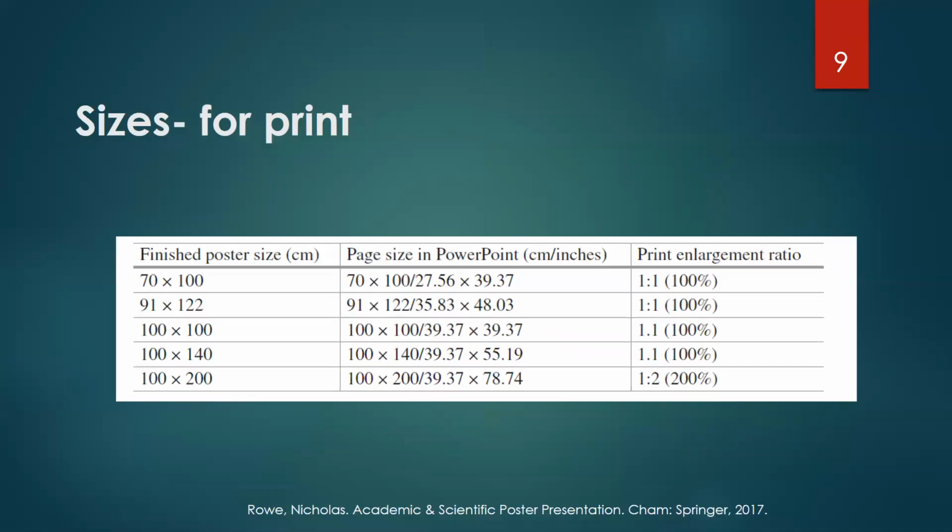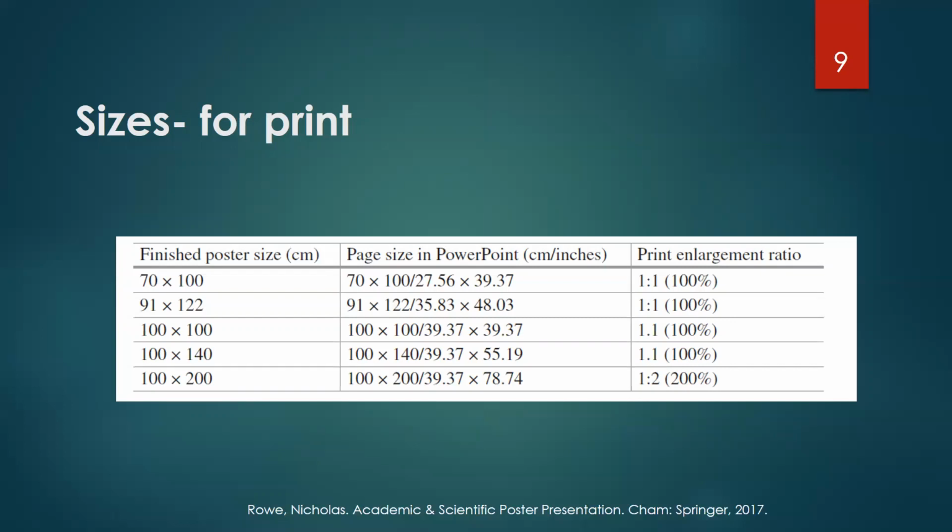And here is just a discussion about the size for the prints. When you participate in a conference, they normally give you an indication of how large the poster should be, is it horizontal, is it vertical, then what type of fonts, and what should be the size.